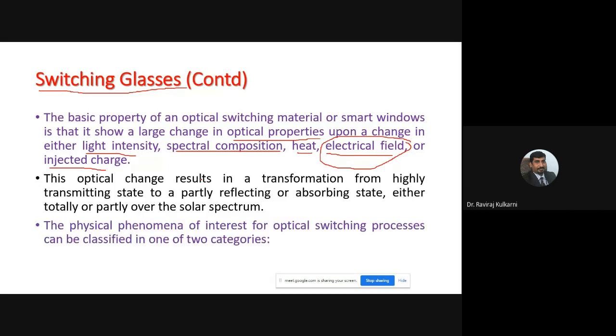One or two examples I'll discuss in the coming slides. The physical phenomena of interest for optical switching processes can be classified in one of two categories. There are two categories of switching glasses.